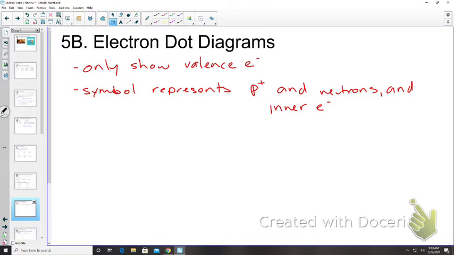Okay, so let's do the valence for potassium. And then we're also going to do it for the potassium ion. And we're going to do it for the chloride ion.